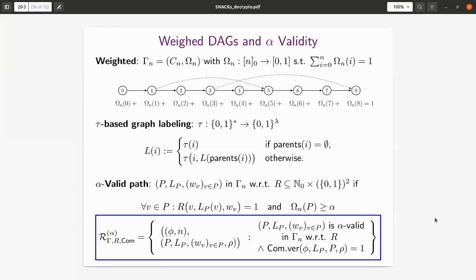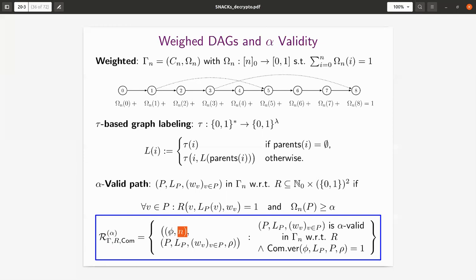And then we will define this language that we will see a lot during this talk, so I will take some time to talk about it. It's a language that is parameterized by a position-binding commitment scheme, some efficiently computable relation R, a weighted graph gamma, and alpha, a number between 0 and 1.